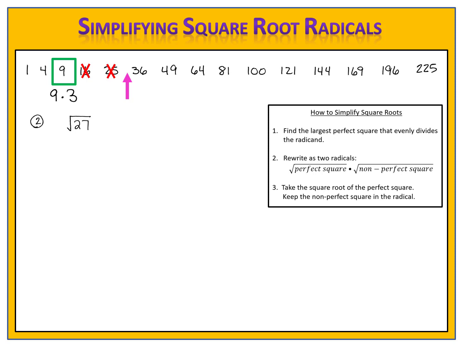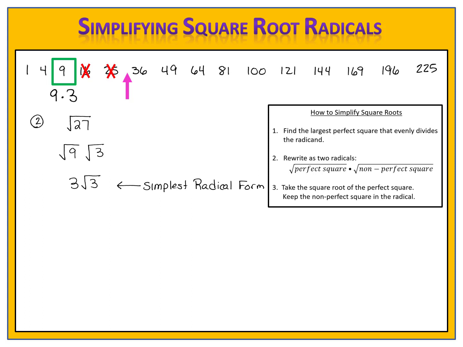We change the square root of 27 to the square root of 9, the perfect square first, times the square root of 3. We know the square root of 9 is 3, and we keep the square root of 3 from the second radical. The square root of 27 can be rewritten as 3 square roots of 3. 3 square roots of 3 is called the simplest radical form.